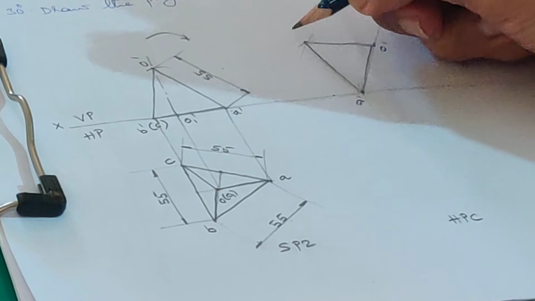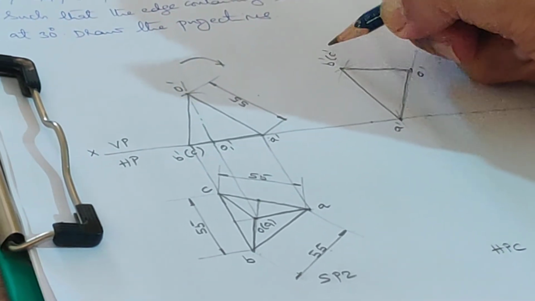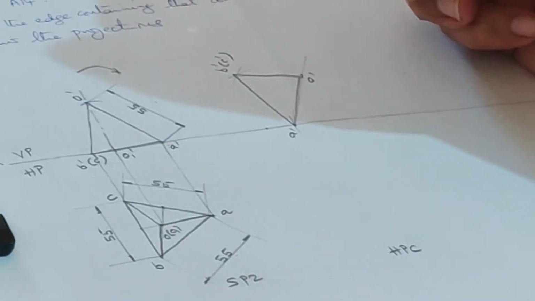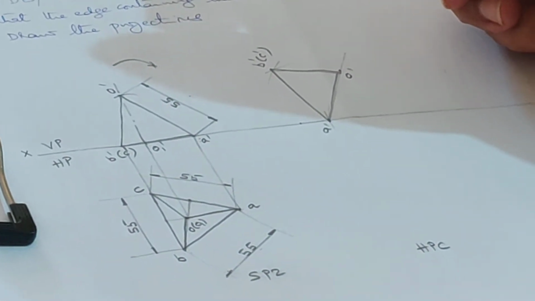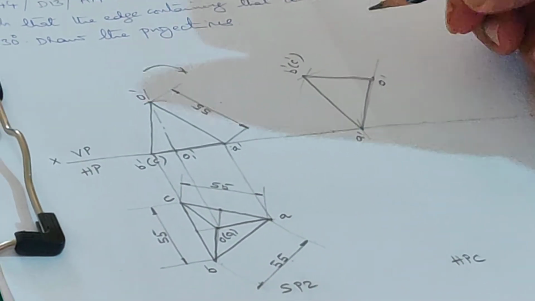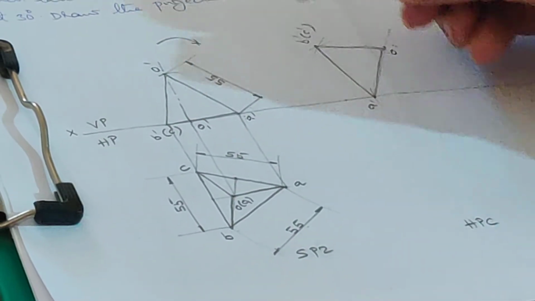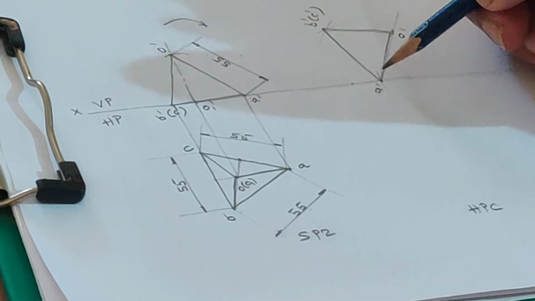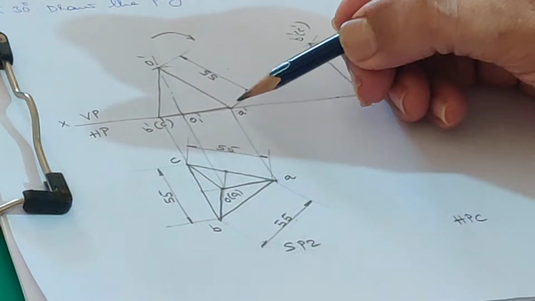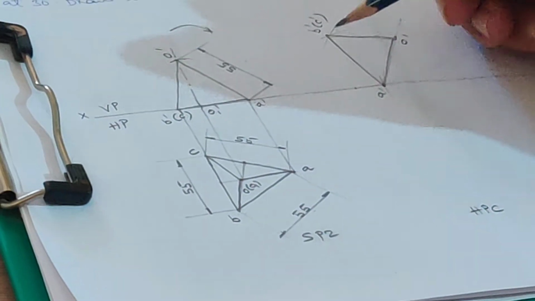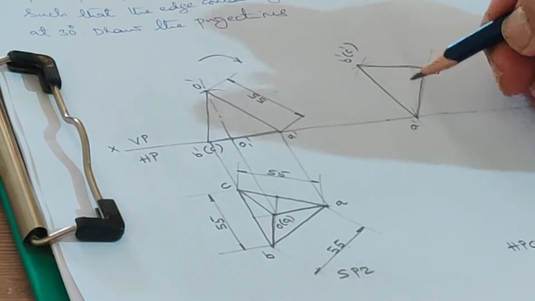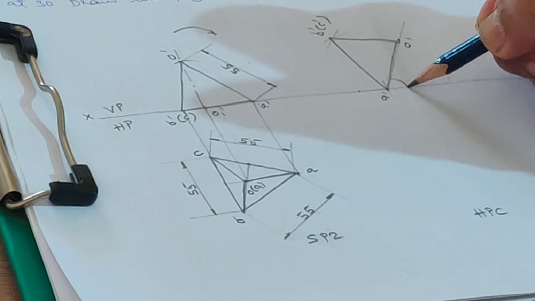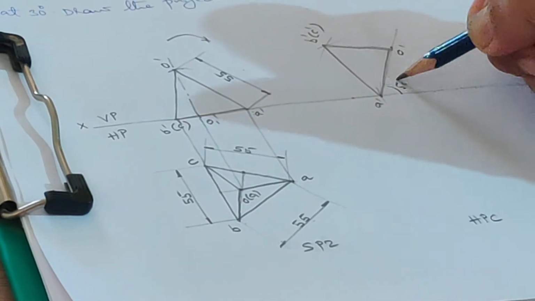So this point is going to be B dash C dash. How are you going to get it? O dash to B dash C dash, this distance. You draw an arc, then A dash to B dash C dash, this distance. You cut it so that you get this view. Okay, so this angle is 50 degrees.